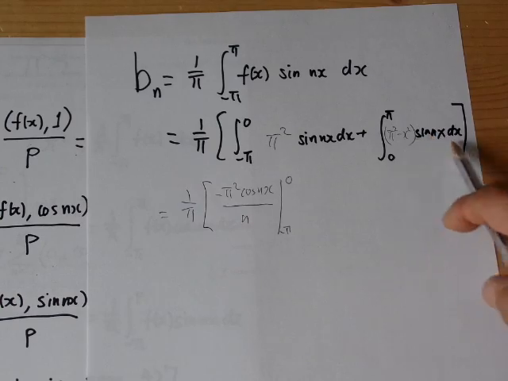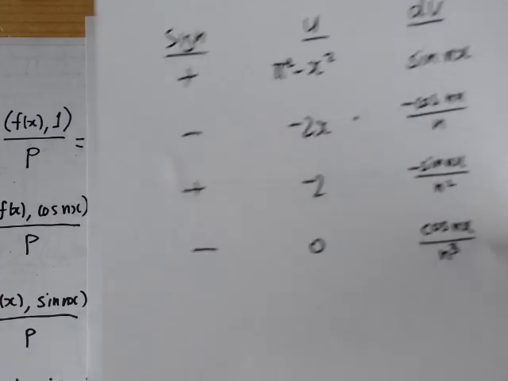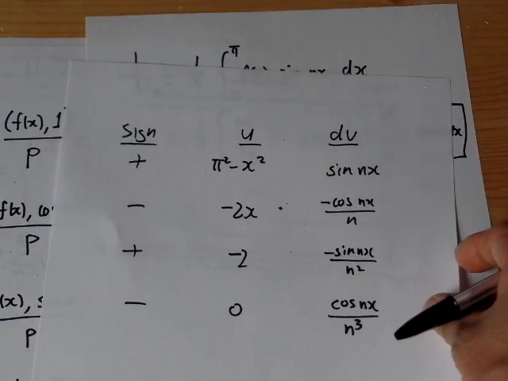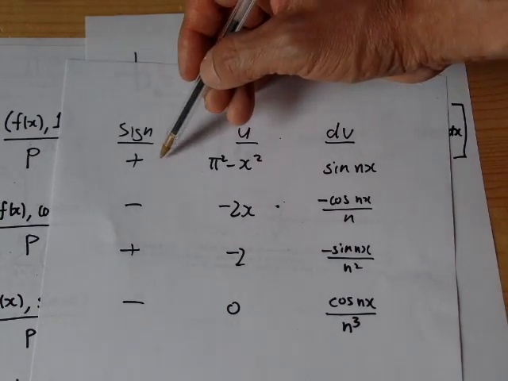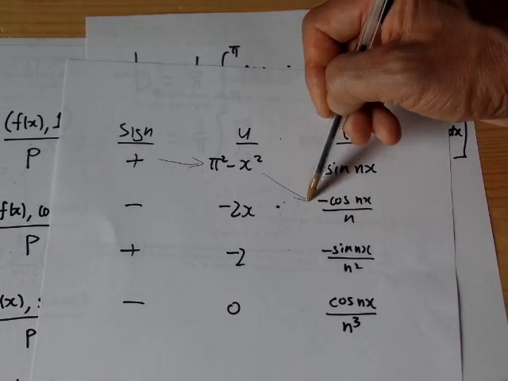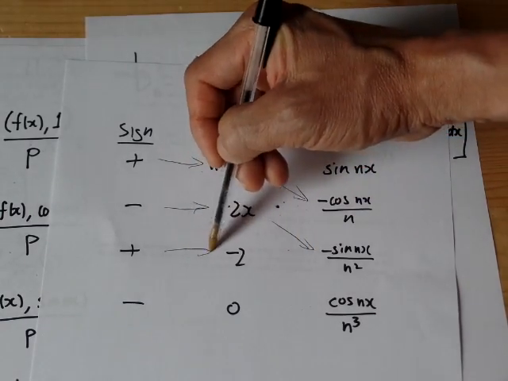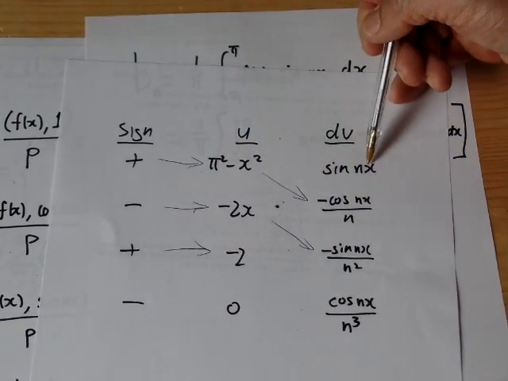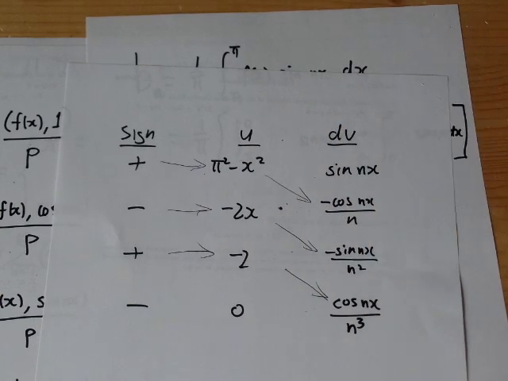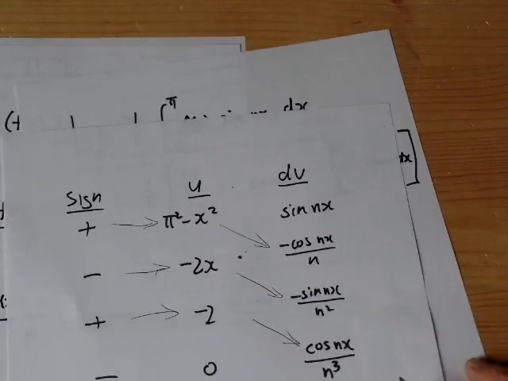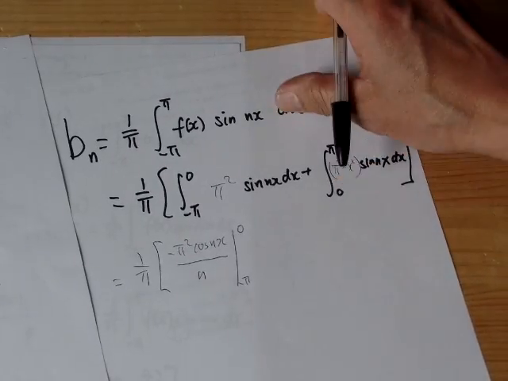And integrating this requires a tabular method, which I have prepared here. It will be a similar one, but different from the one I had just now, because it's going to be sine nx.